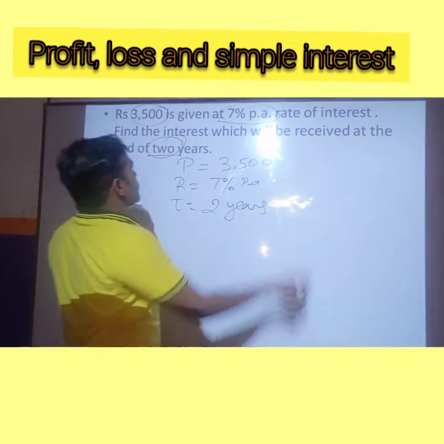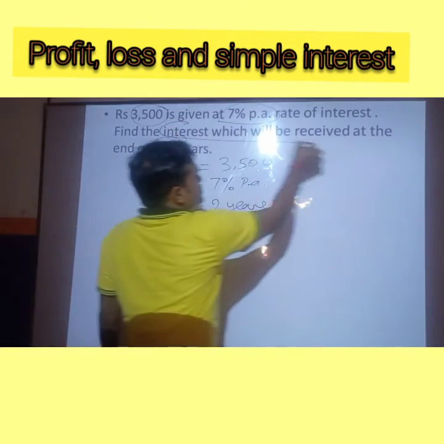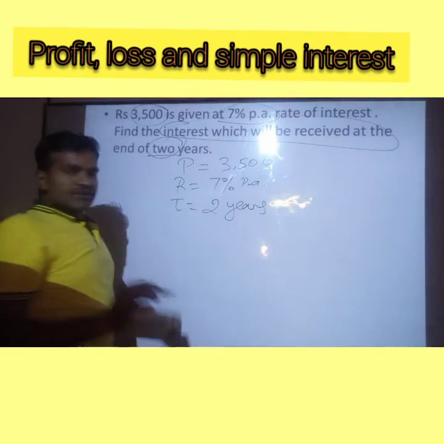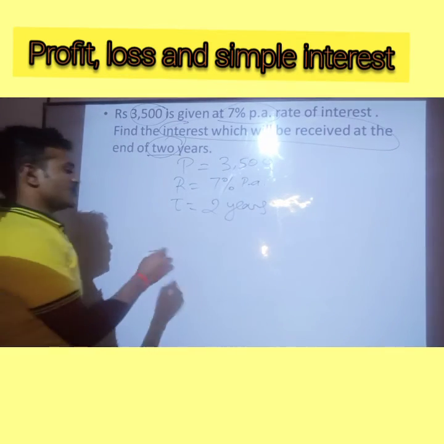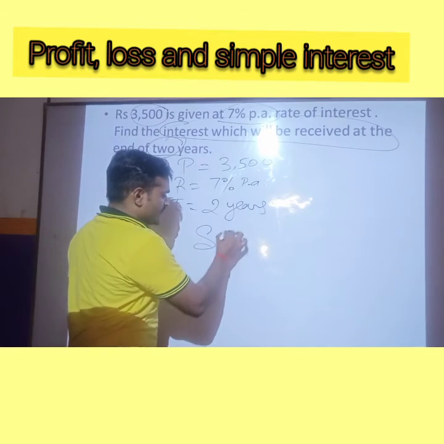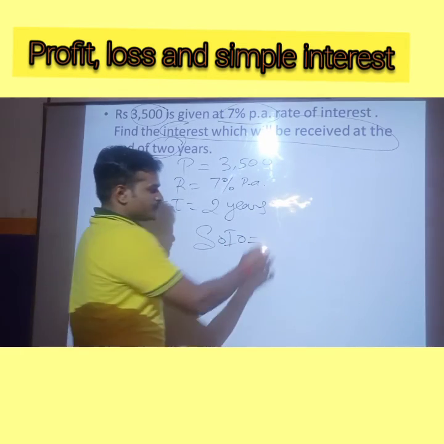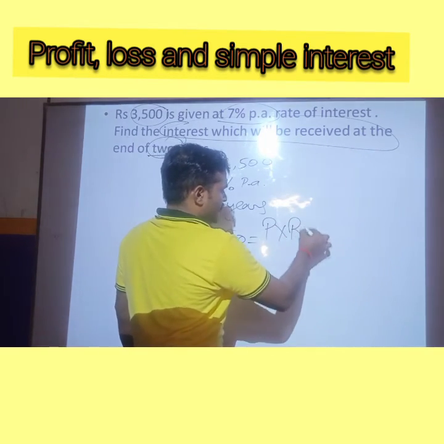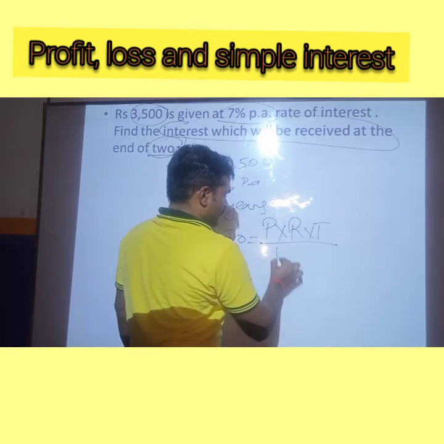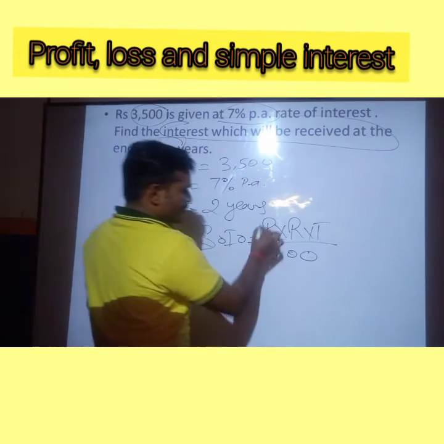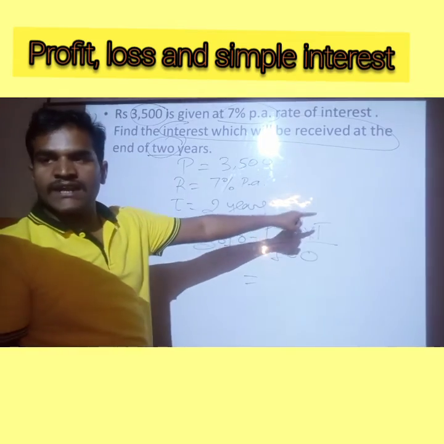What do we have to find? What is the interest that will be received? So we have to find the simple interest. What is the formula of simple interest? Simple interest is equal to P into R into T upon 100, where P is principal, R is rate and T is time.